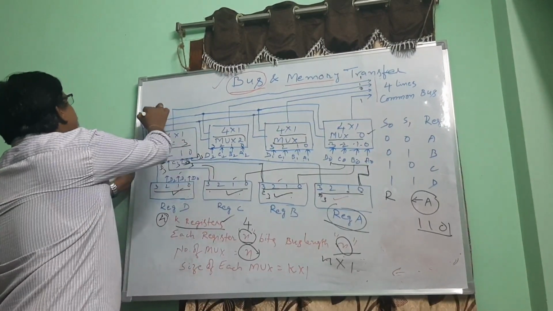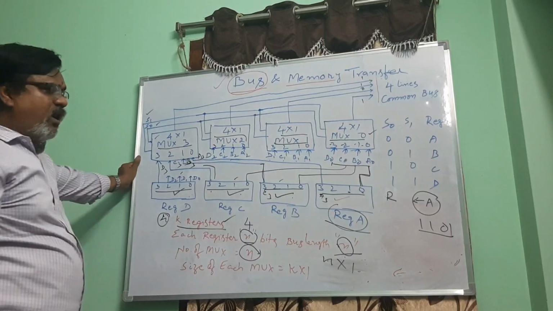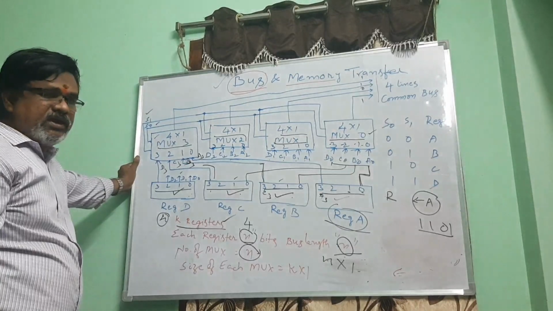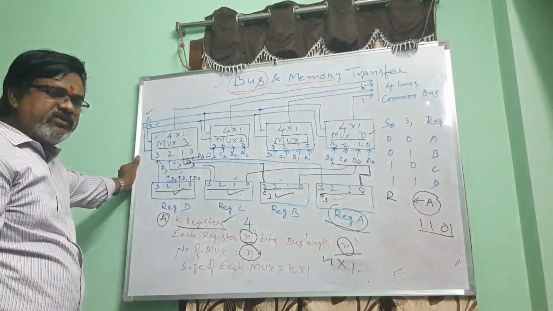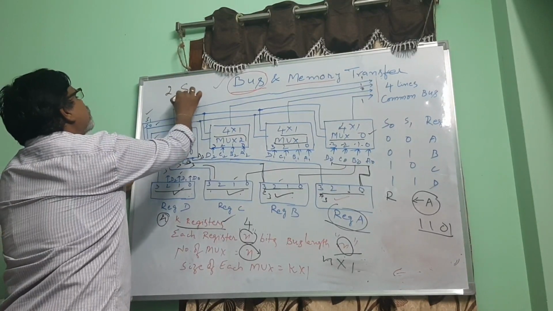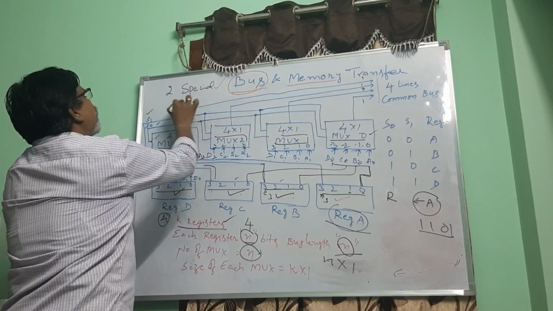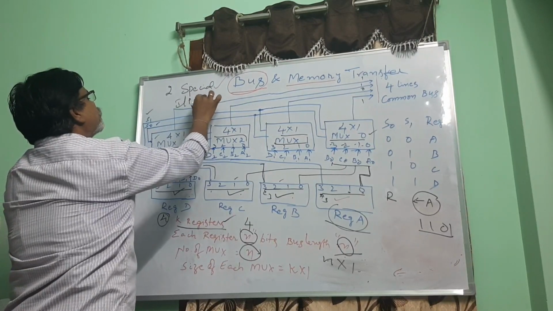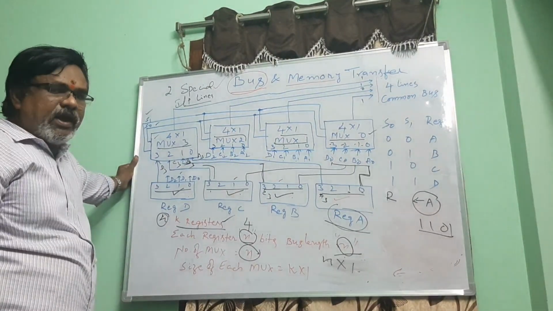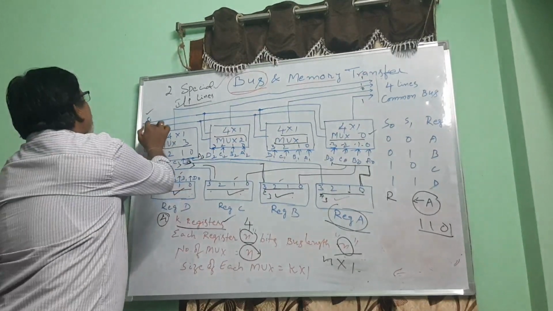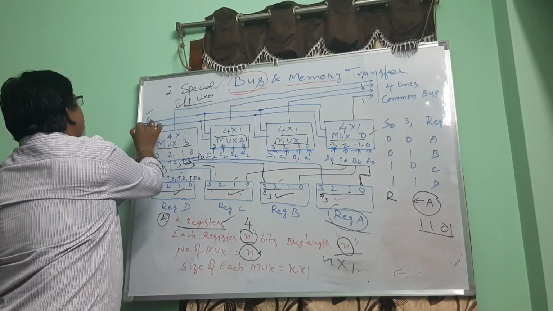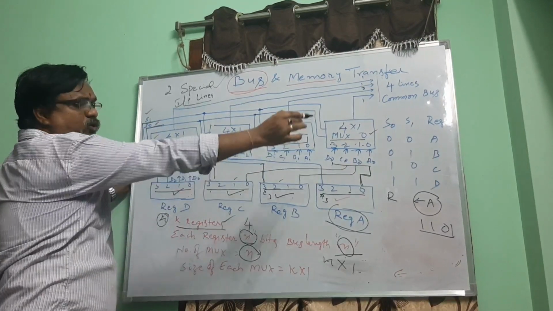You just see here, there are 2 selection lines with the names S0, S1. You can say these are the 2 special input lines to select a specific multiplexer. See, these 2 selection lines are connected to all 4 multiplexers.